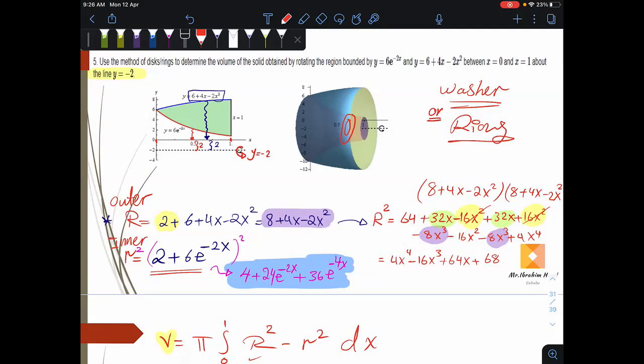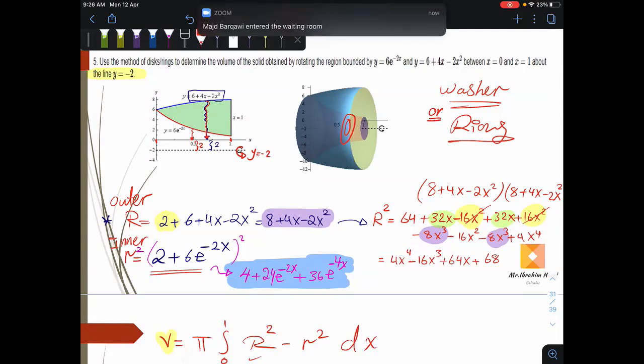You have to find the distance from 6 plus 4x minus 2x squared to y equals -2. As I draw here, this distance is 6 plus 4x minus 2x squared plus 2.